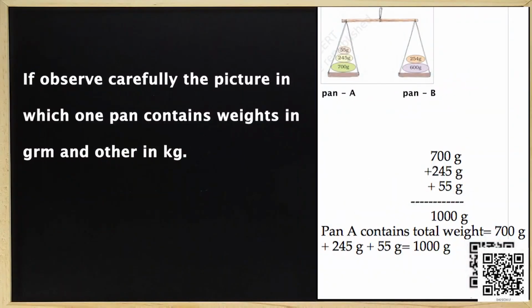Dear students, now you tell me which pan is heavier and why? If you observe the picture carefully, one pan contains weight in gram and the other pan contains weight in kilogram.